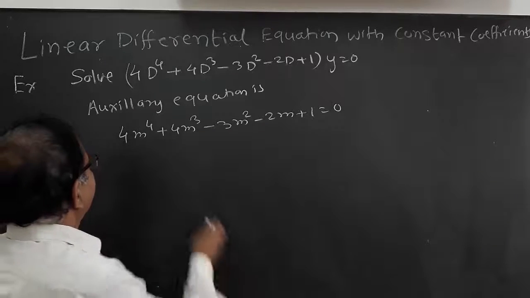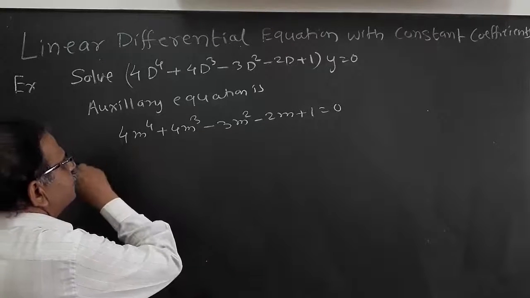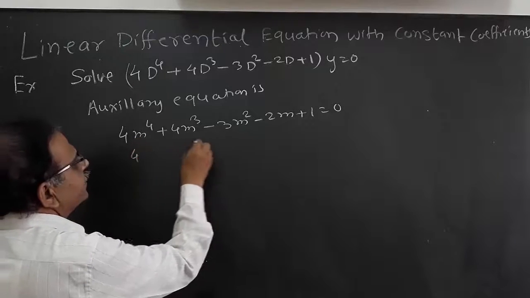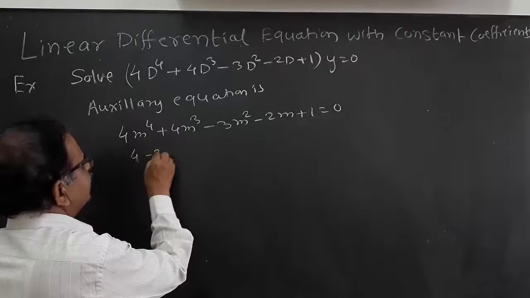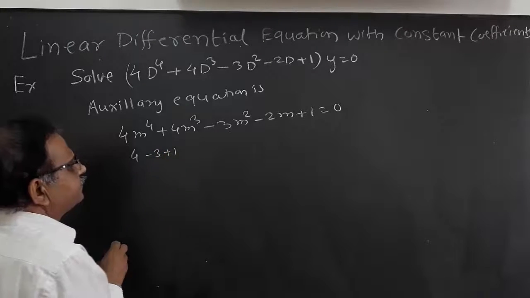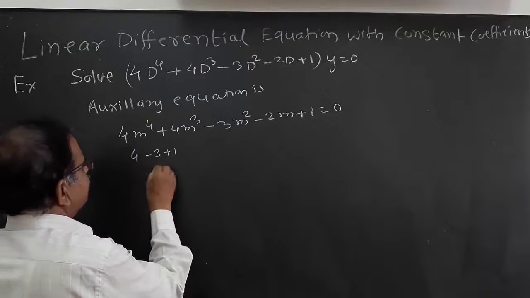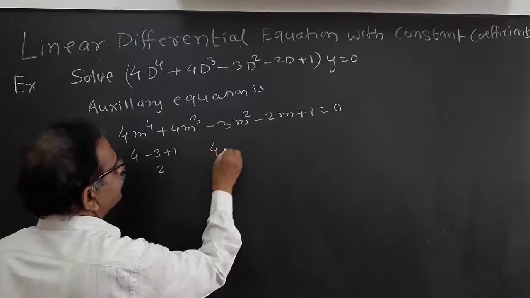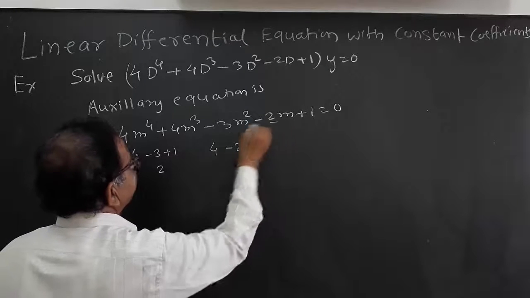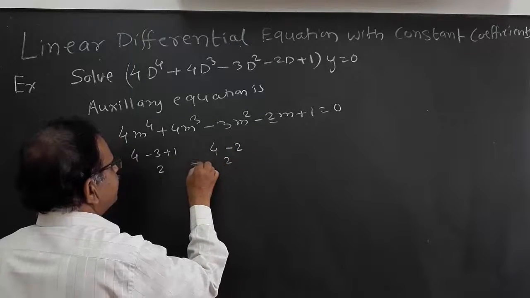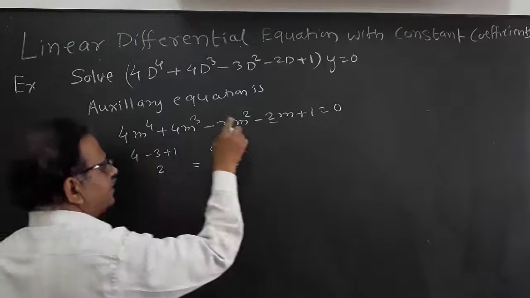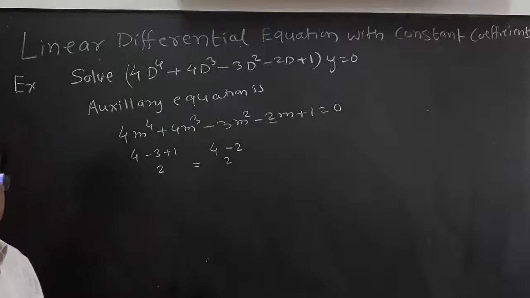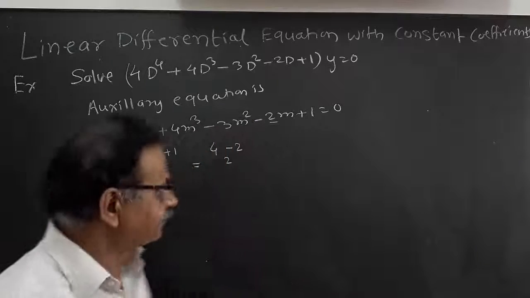Now we shall take coefficients of even terms, that is m raised to 4: 4, minus 3, plus 1, that is 2. Coefficient of odd terms: 4 minus 2, that is equal to 2. Coefficient of even terms equal to coefficient of odd power terms. Therefore m equal to minus 1 is a first root.